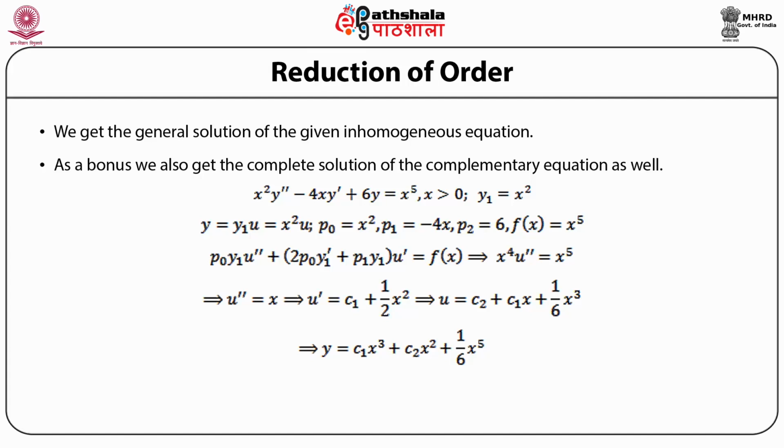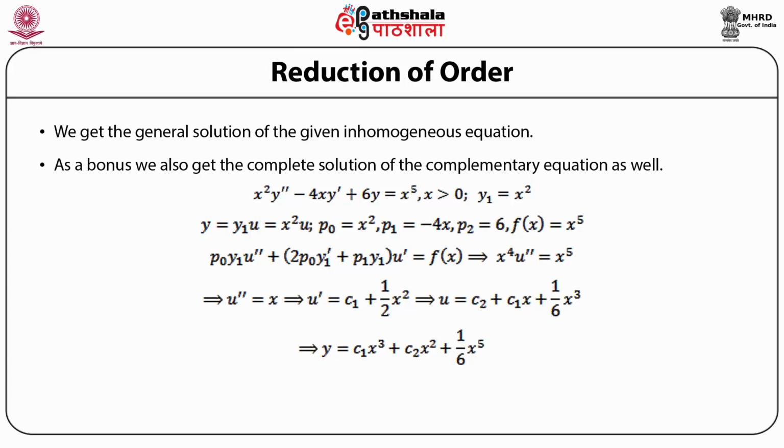So the equation becomes p0 times y1 u double prime plus u prime multiplied by, within the brackets, 2 p0 y1 prime plus p1 y1, is equal to f of x.